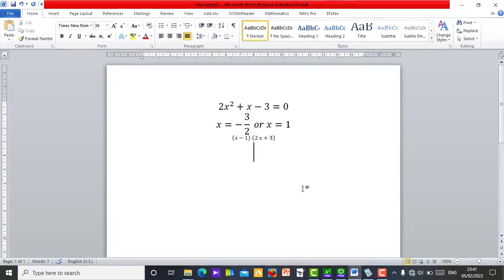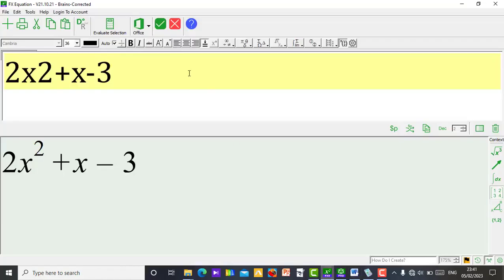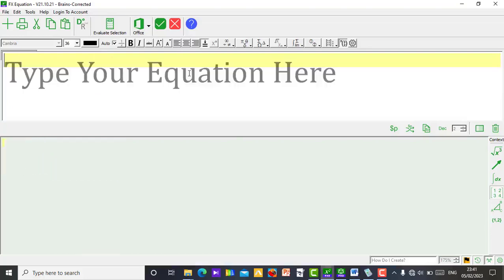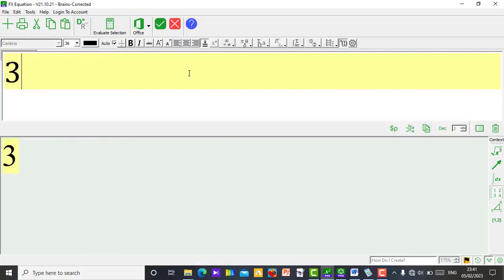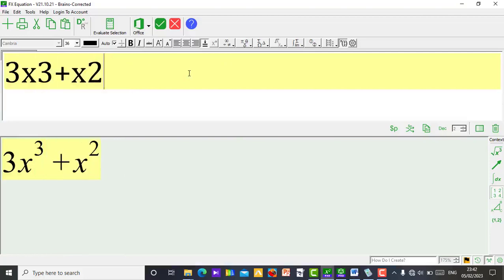Even polynomial equations, you can solve them using this form. Let me input it here also so that it will be fast for us. So if I have a polynomial like 3x cubed plus x squared plus x squared plus 3x plus 5.